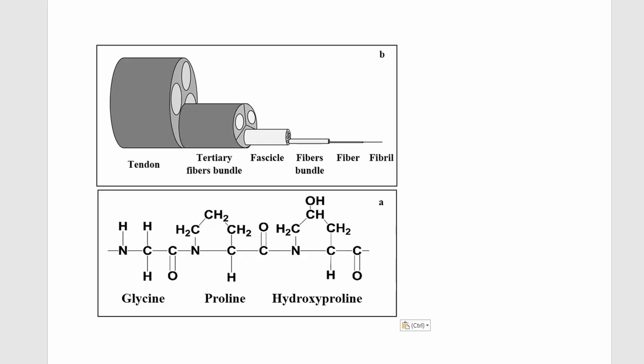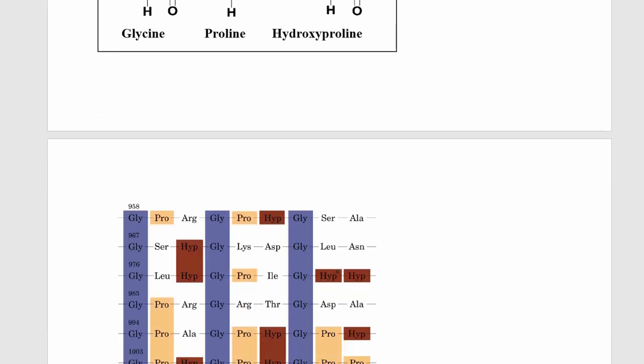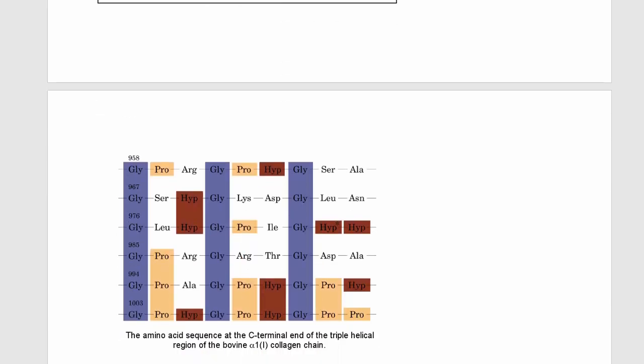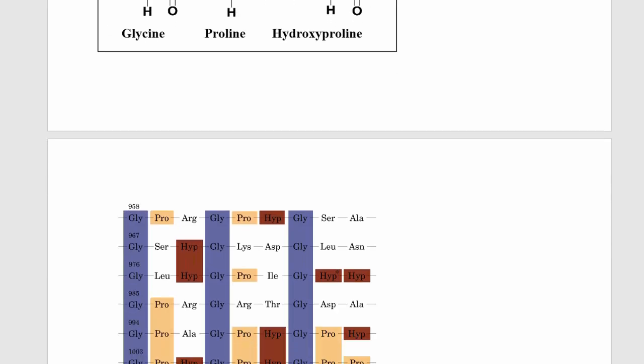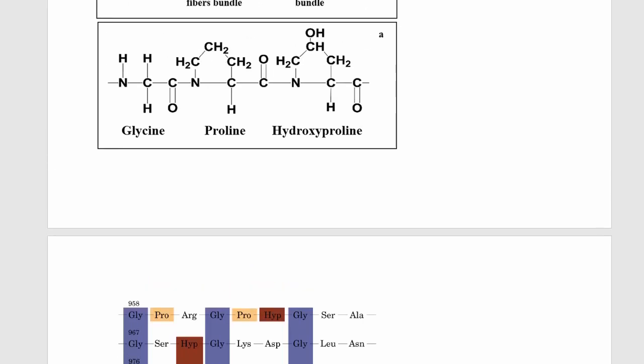So if you were to look at this from more of a bioinformatic kind of way, you can see here, every third position is glycine, and that's what this refers to. So it's not always proline, as we can see. Yeah, proline are the yellow parts, but it's not always that.